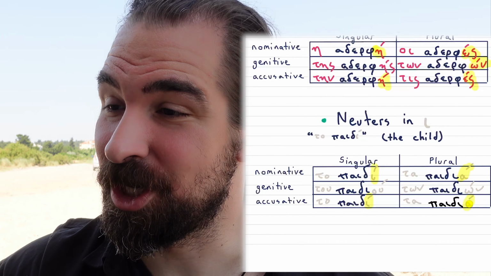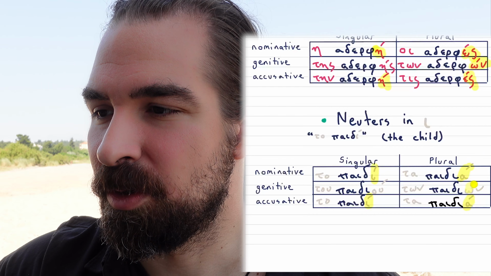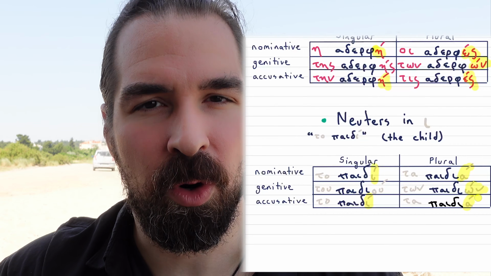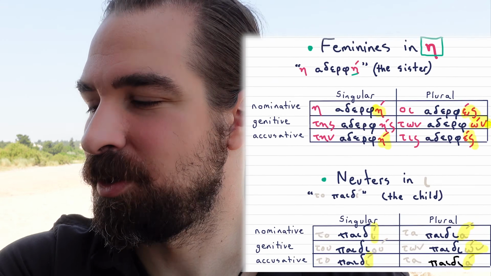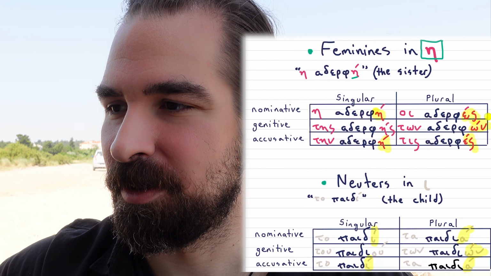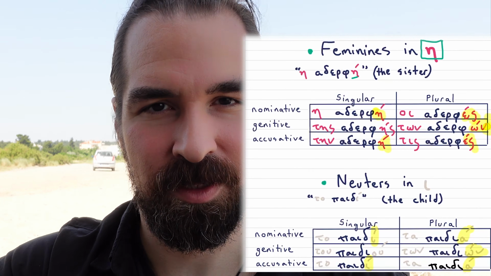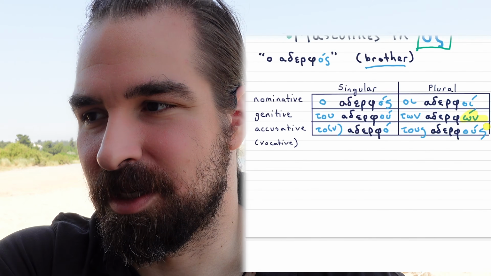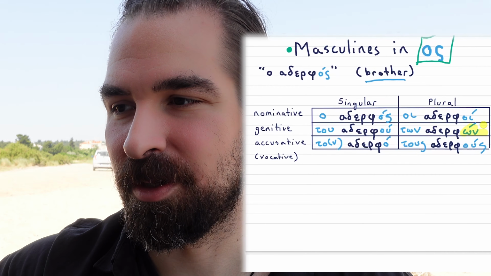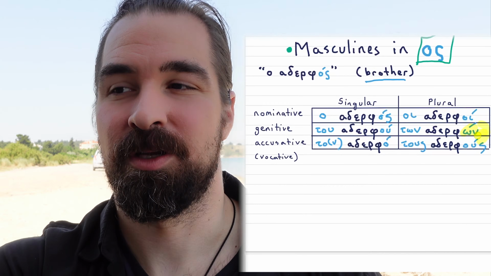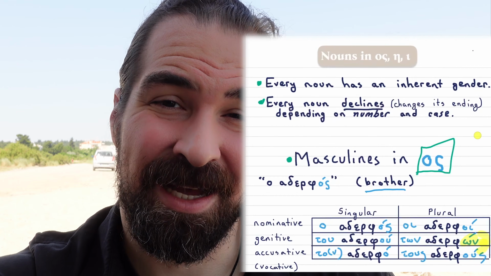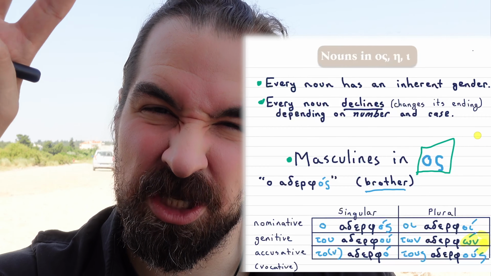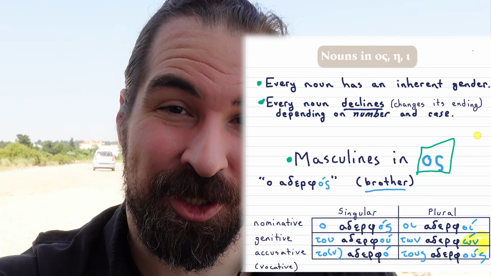And finally, the genitive plural ending on here is the same as the genitive plural ending on here in the feminine and the genitive plural ending on here in the masculine. So those are three very, very common nouns, one in each gender, and how they decline.